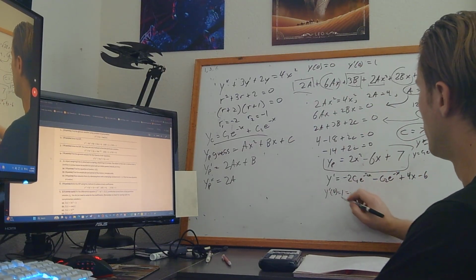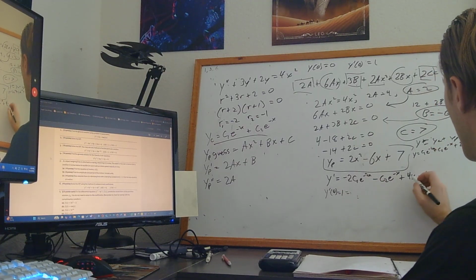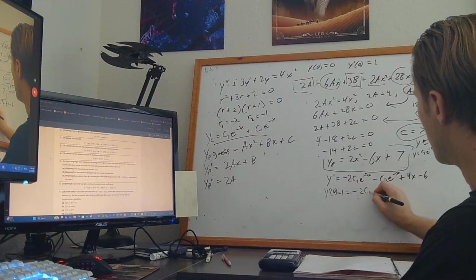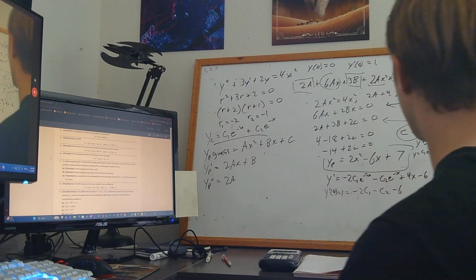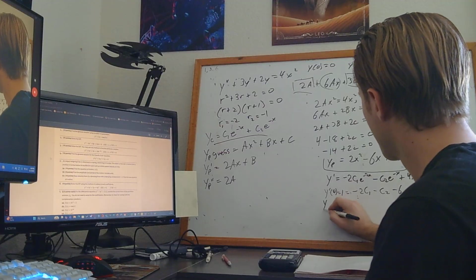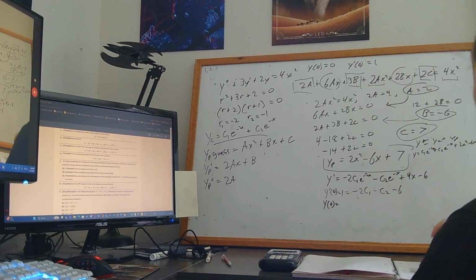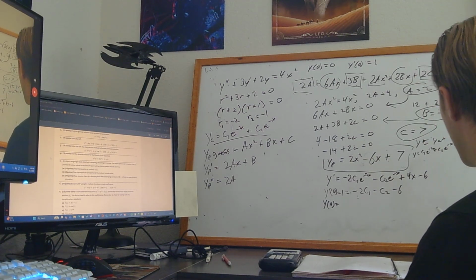So when we plug 0 in for x, these e's are just going to go away, and this 4x is going to go away. So we're going to have minus 2 c1 minus c2 minus 6 equals 1. And then for our original one, once again, the e's are going to go away when x is set to 0.